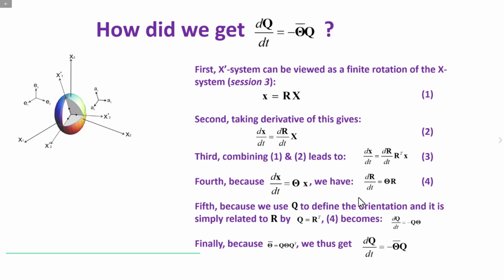Remember that Q and R are related by this relationship. Q is the transpose of R. Using this relationship, equation 4 becomes this relationship. So far, the angular velocity is expressed in terms of the external coordinates. So we're talking about the rotation with respect to external coordinates.